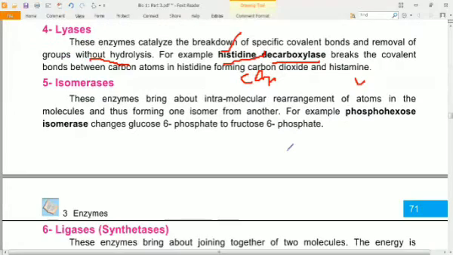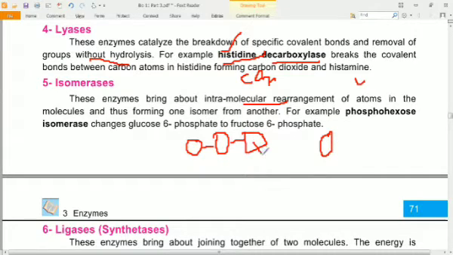In isomerases, we know that the enzymes do intramolecular rearrangement. For example, these are molecules arranged like this. They have the same chemical formula but can have different structures.